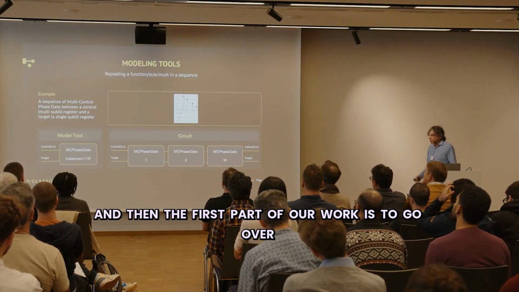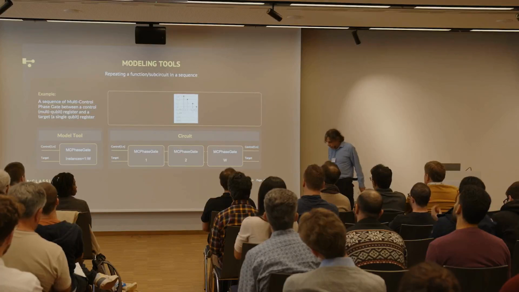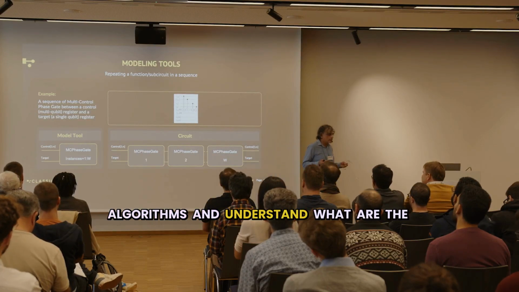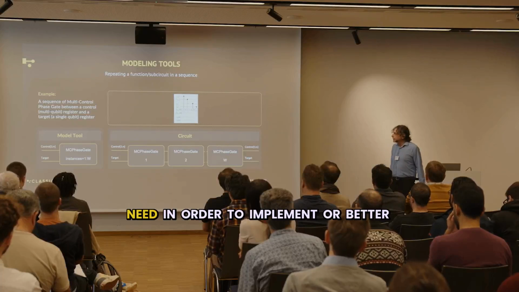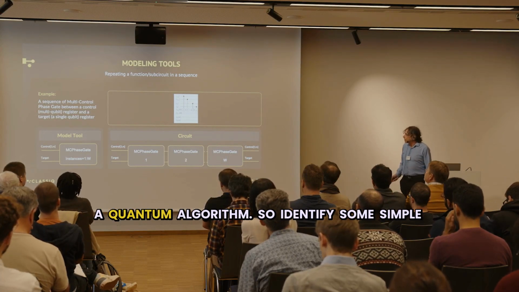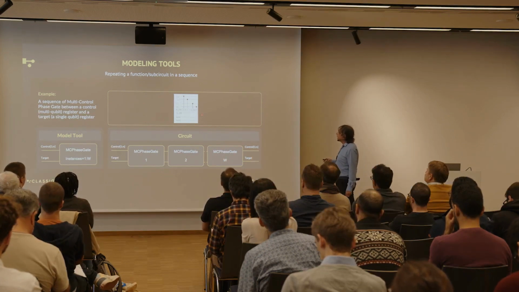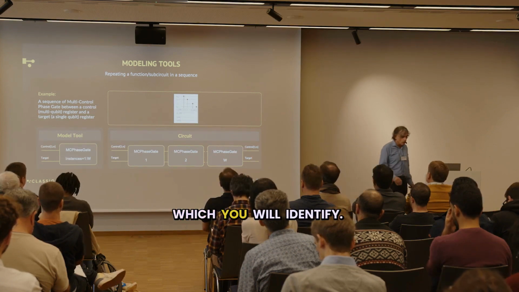The first part of our work is to go over the corpus of knowledge of quantum algorithms and understand what the quantum idioms are. What do people really need in order to implement a quantum algorithm on paper? So we identify some simple stuff like this sliding control structure, which you all identify.